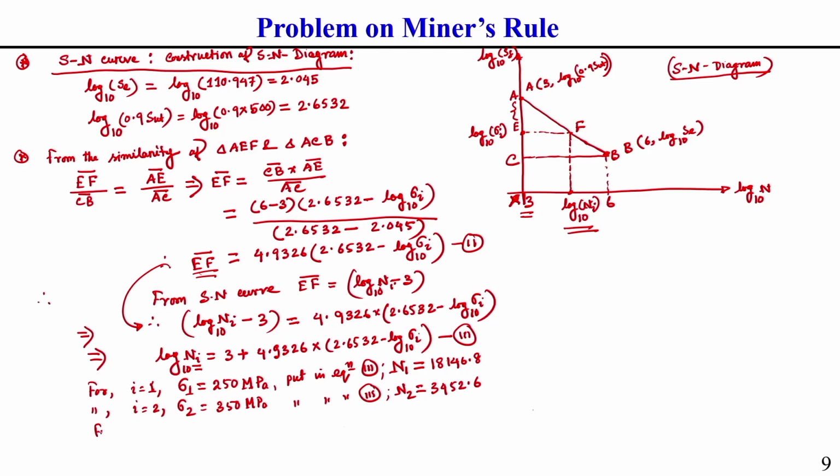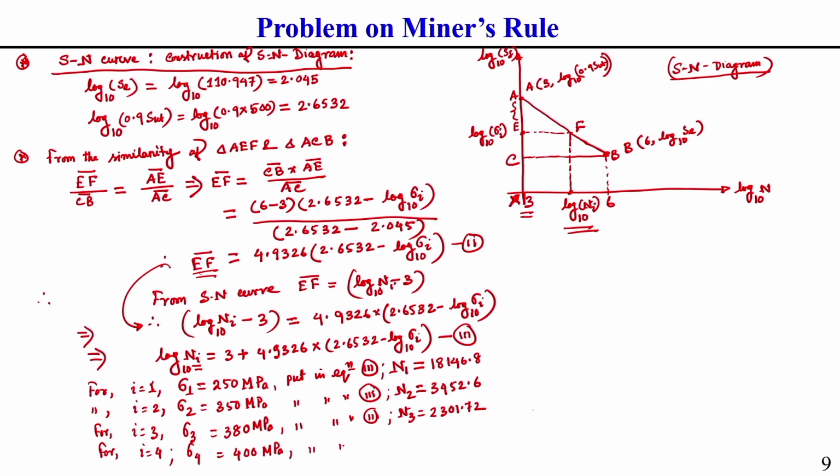Now, for I equal to 3, sigma 3 equal to 380 MPa, put in equation number 3, we get N3 equal to 2301.72.